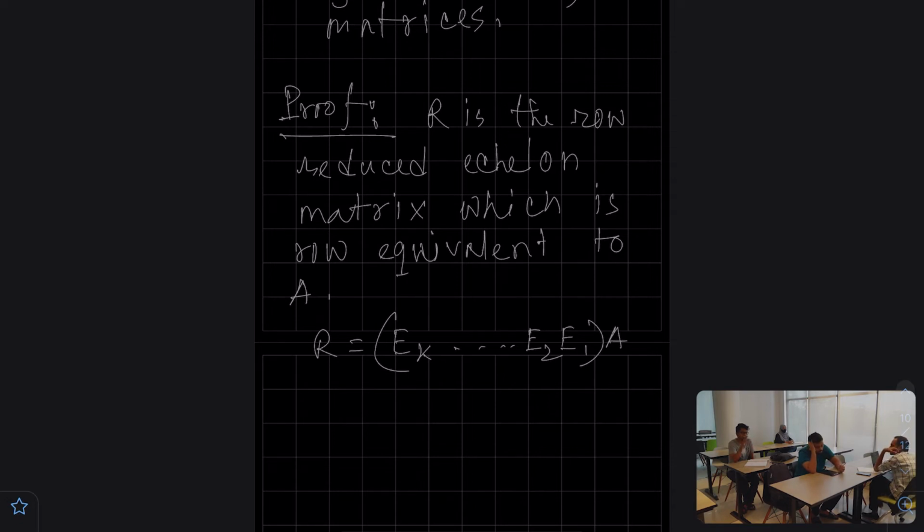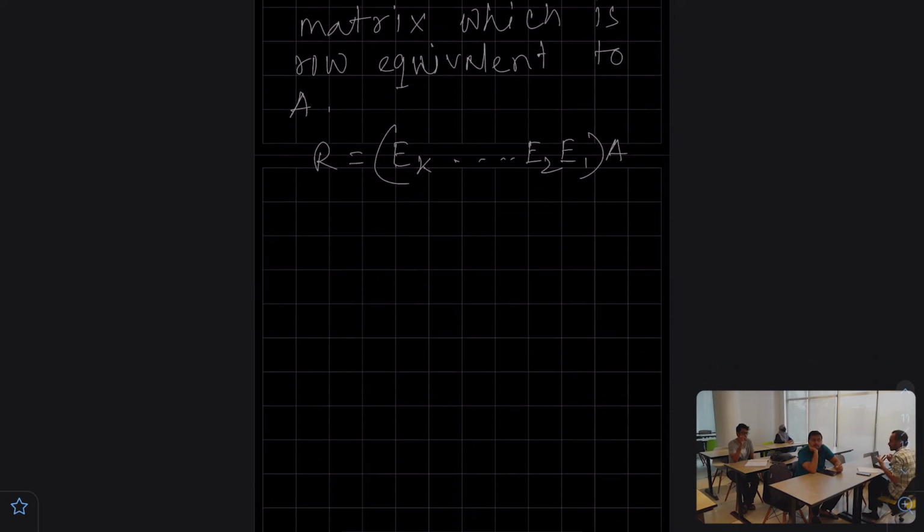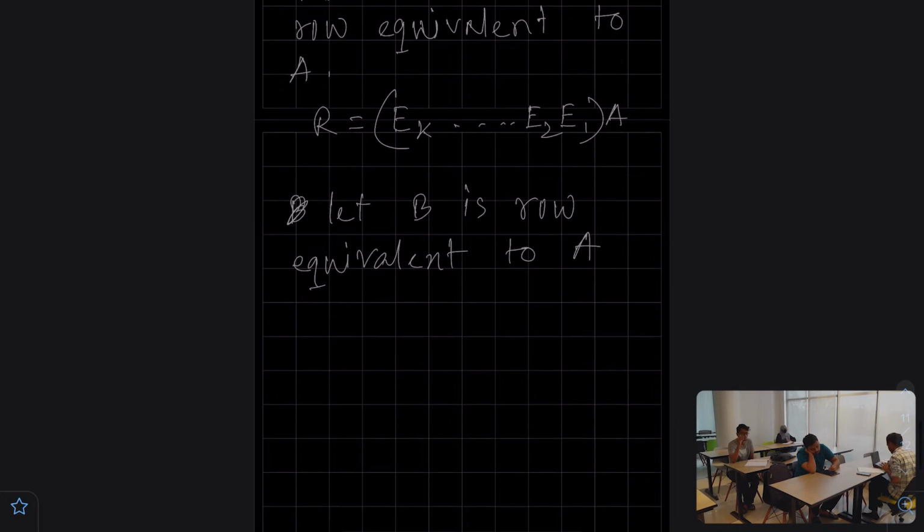Does it make sense? Why? We know that two matrices are row equivalent to each other if, let's just consider B is row equivalent to A. That means B equals what?